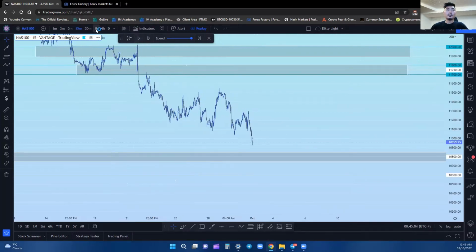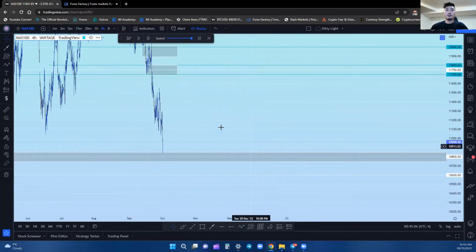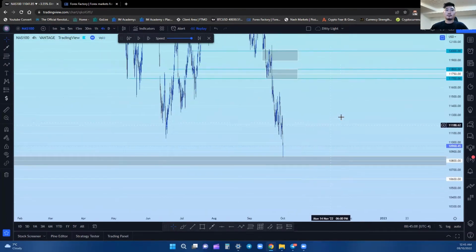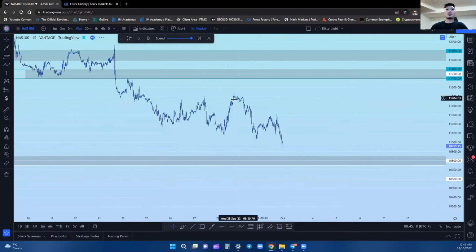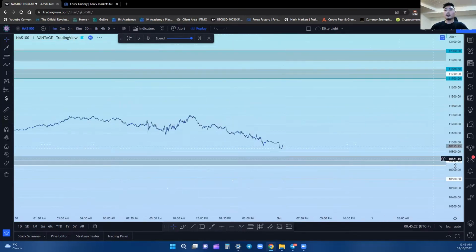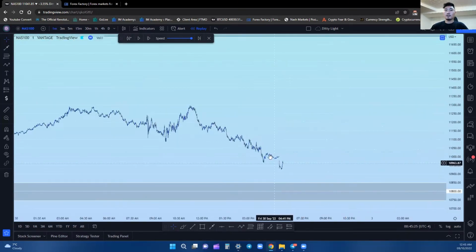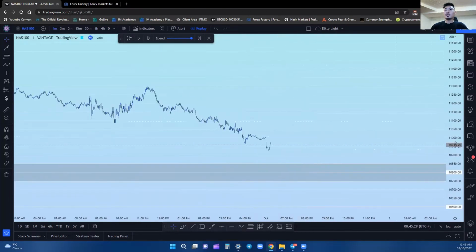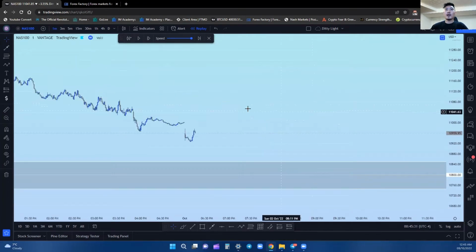Okay, so there we go. We're on the 4 hours. So we see broke this level, right? Creating what? A lower low. So okay, cool. We're still good. Let's go on 1 minute, right? Because I was waiting for the price to hit this area, and then just look at what happened on 1 minute.